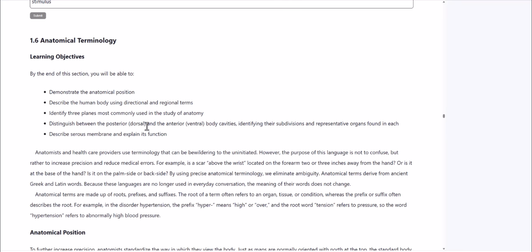You are learning your directional terms like dorsal and ventral. You're learning about your body cavities. You're looking at the different divisions like the hypogastric and the umbilical regions. And then finally, you're learning about the serous membranes. And so this section, 1.6, is highly practiced in your first lab.